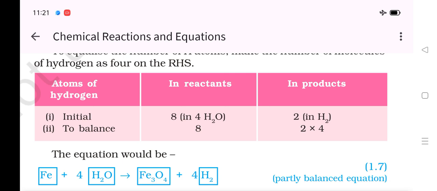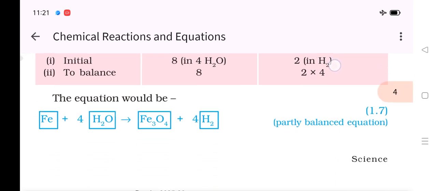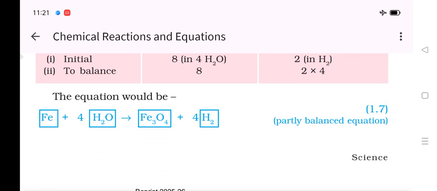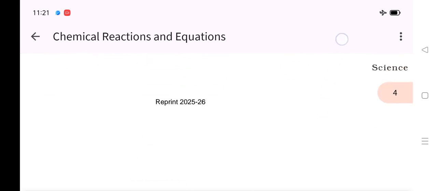To balance the atoms of hydrogen, we multiply the products by 4, so reactants have 8 and products have 2 into 4. The equation would be Fe plus 4H2O gives Fe3O4 plus 4H2, that is 1.7, partly balanced equation.